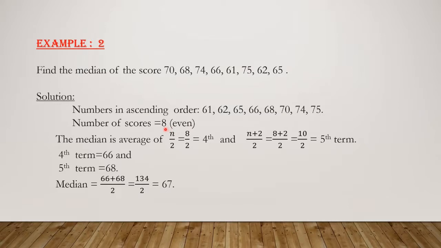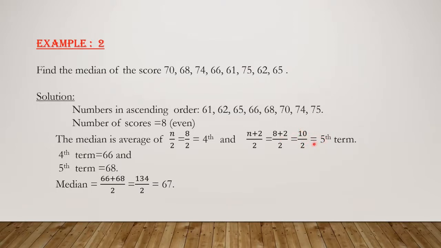Therefore, the median of the data is the average of the n by 2 and (n plus 2) by 2 terms. Therefore, n by 2 is equal to 8 upon 2, equals 4, and (n plus 2) by 2 is equal to (8 plus 2) upon 2, equals 10 upon 2, equals 5.